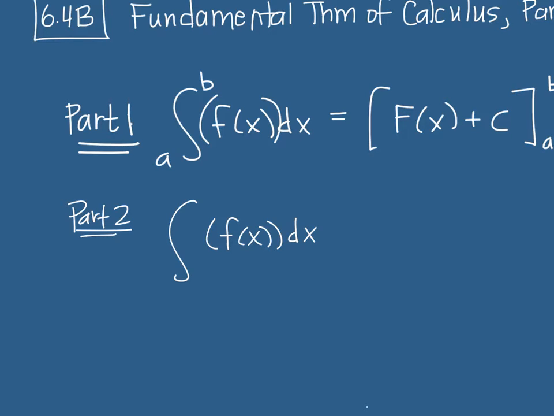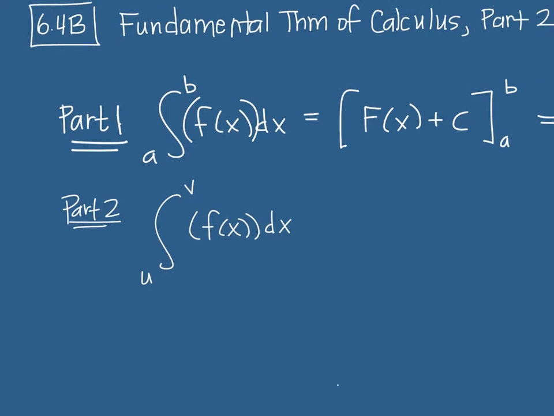What if the bounds are not numbers? What if the bounds are other variables, like u and v? All right, what if the bounds are not numerical bounds? What if they are other letters?